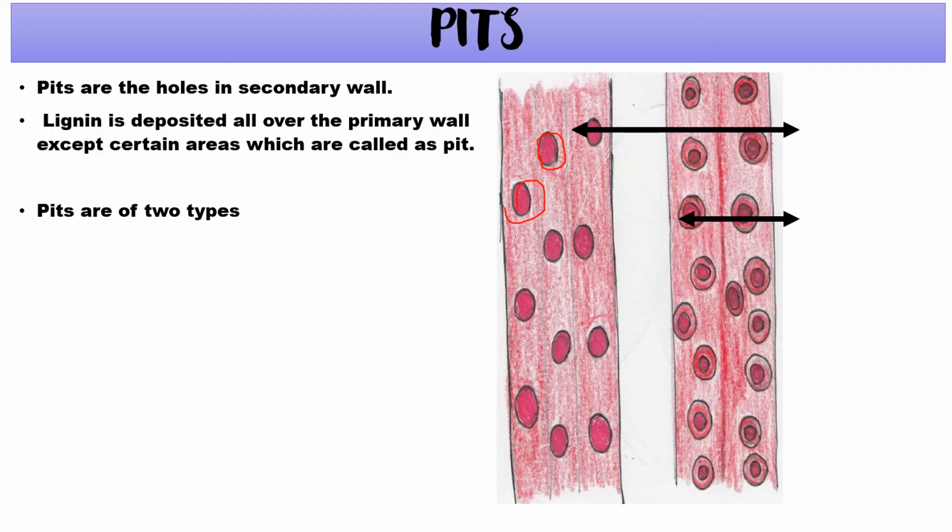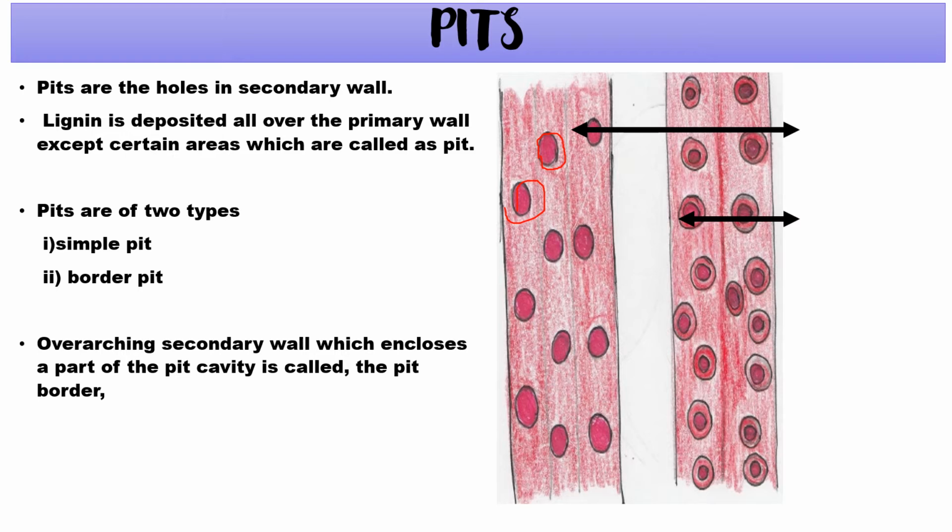Pits are of two types, simple pit and bordered pit. In a simple pit we can see only the primary wall. In a bordered pit, the secondary wall is slightly overarched on the pit cavity, enclosing a part of the pit cavity, and that is called a bordered pit.